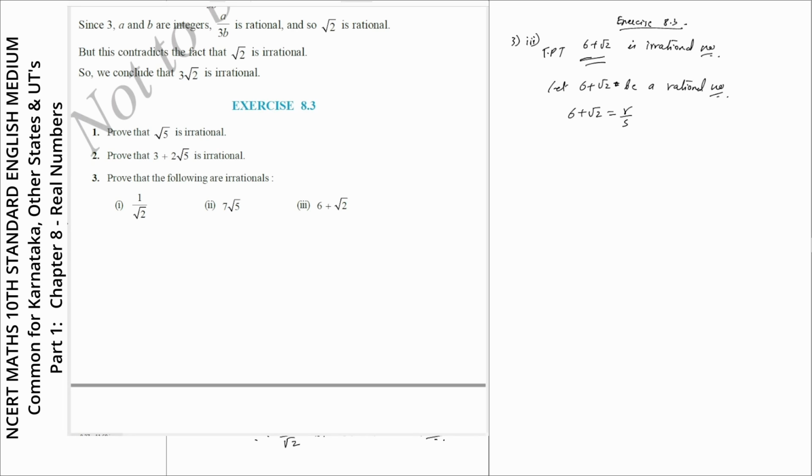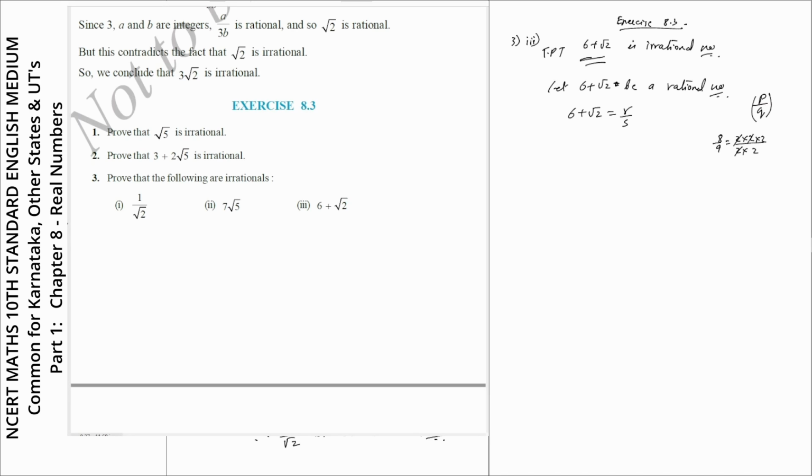So what is a rational number? Rational numbers are all numbers which can be written in the form of p by q, where p and q both are integers and q not equal to 0. Now r and s may have some common factors which I can cancel out. For example, 8 by 4 I can write as 2 into 2 into 2, and 4 as 2 into 2.